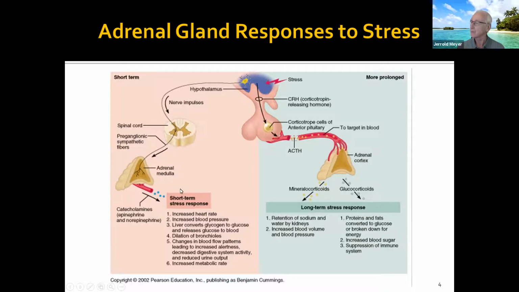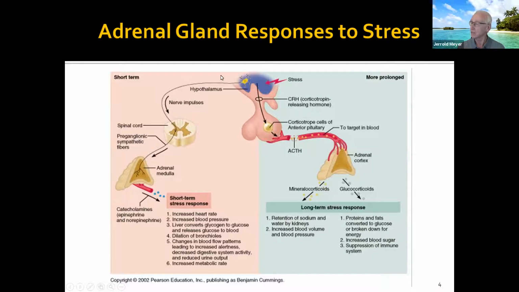The other part, of course, that we're going to be talking about at length this afternoon is the adrenal cortex. Cortex means bark, the outer part of the adrenal gland, and that's responsible for secreting glucocorticoids like cortisol, mineralocorticoids like aldosterone that regulate salt retention.